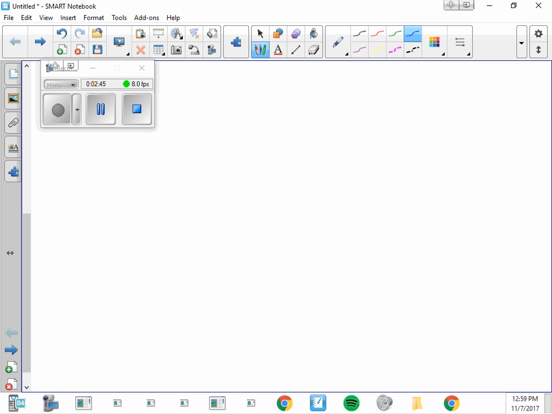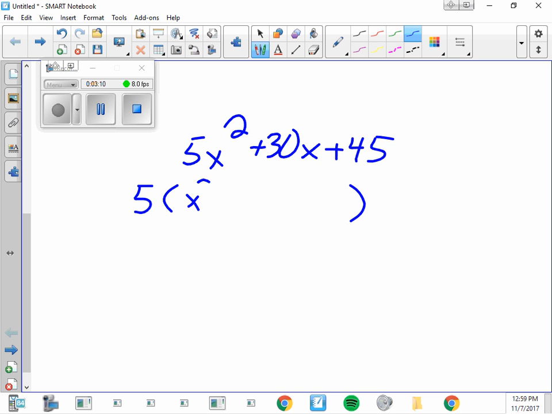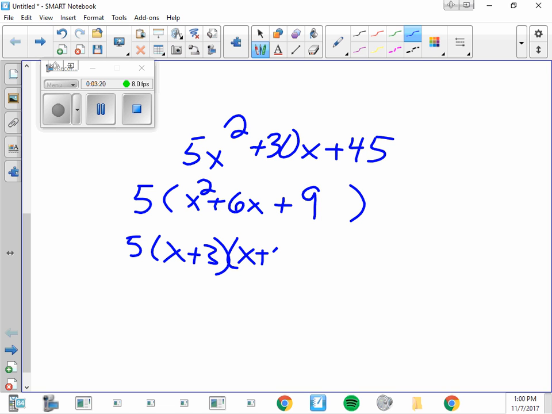Let me see if I can find one. Well, let's do this one. 5x squared plus 30x plus 45. I can take a 5 out of that one, and I get 5 times x squared plus 6x plus 9, and that turns into x plus 3 and x plus 3.